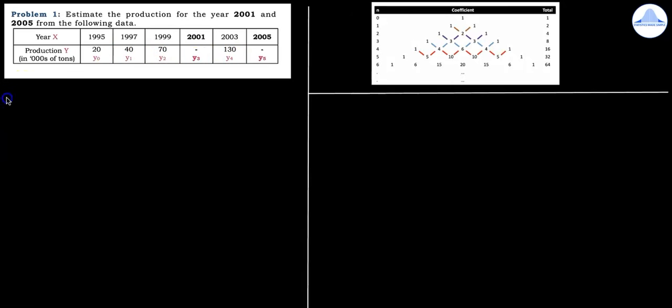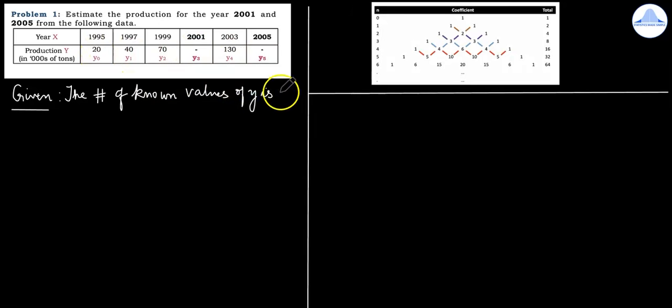Now the first step is to write the number of known values of Y. So the number of known values of Y is 1, 2, 3, 4.